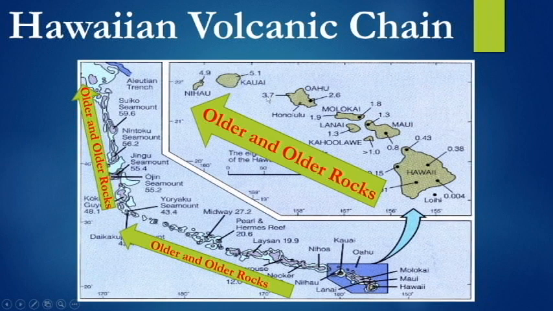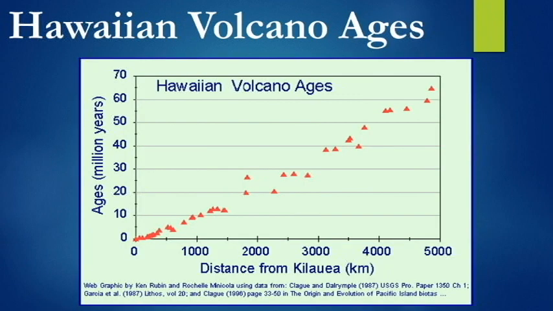Oahu, Honolulu, 3.7 million years old. If we go back really far, 20 million years, 43. So this hotspot chain's been going on for a while, which means that river of magma underneath the Earth has been active for at least 60 million years. These hotspots just kind of stay in one spot.